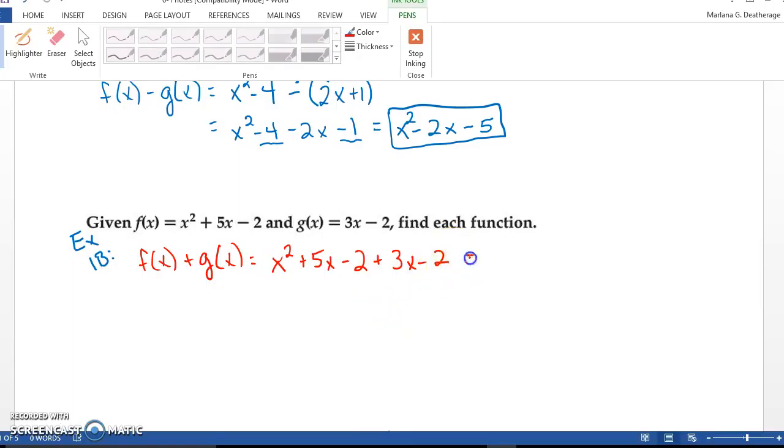Then combine like terms, x squared. Now this time we've got a 5x and a 3x, so it's 5x plus 3x, 8x. Then we've got a negative 2 and another negative 2. Negative 2 minus 2.